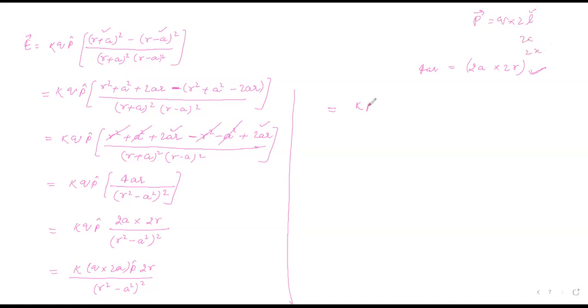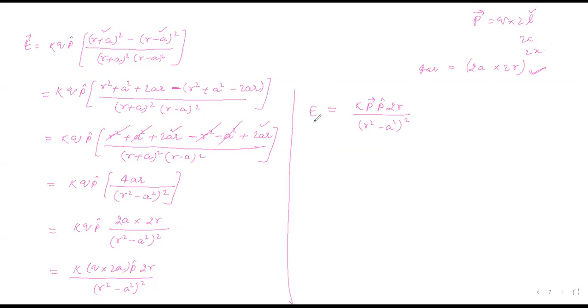So we can write here k into p vector, which is the electric dipole moment, into unit vector of p into 2r over (r square minus a square) whole square. Okay. This is your equation of electric field.